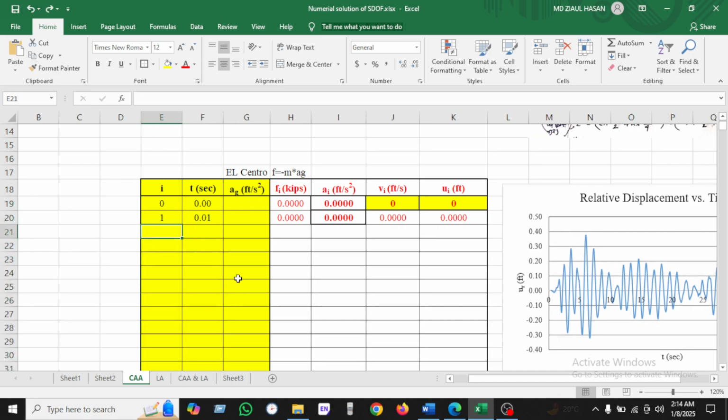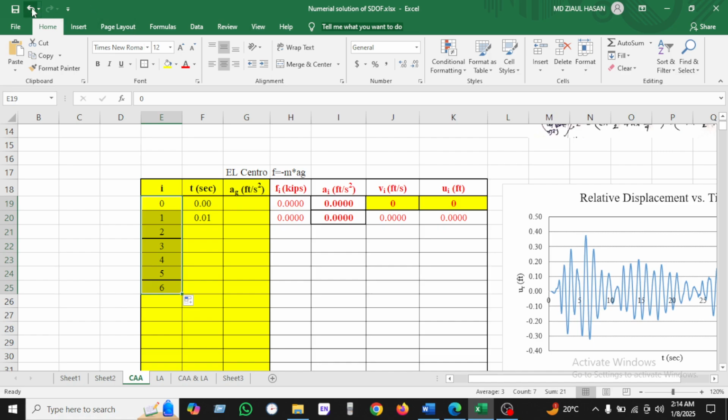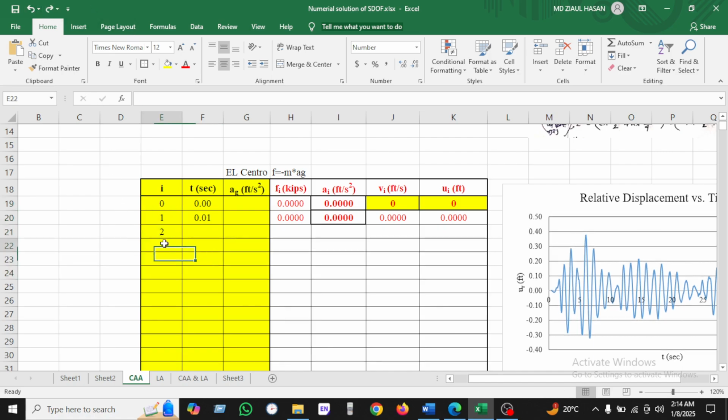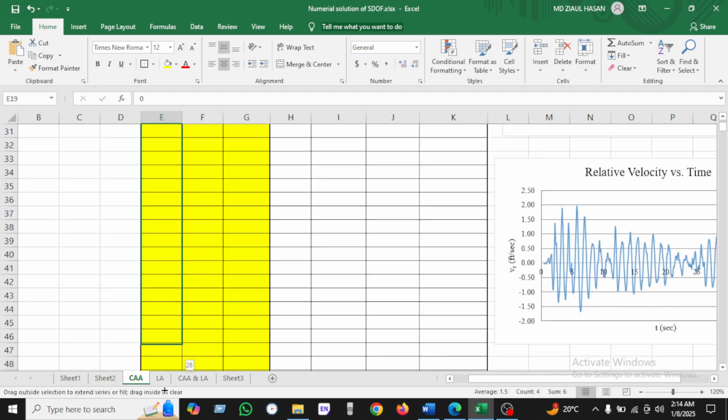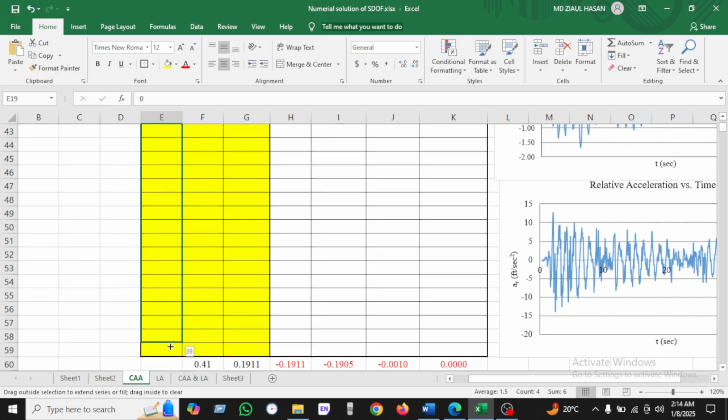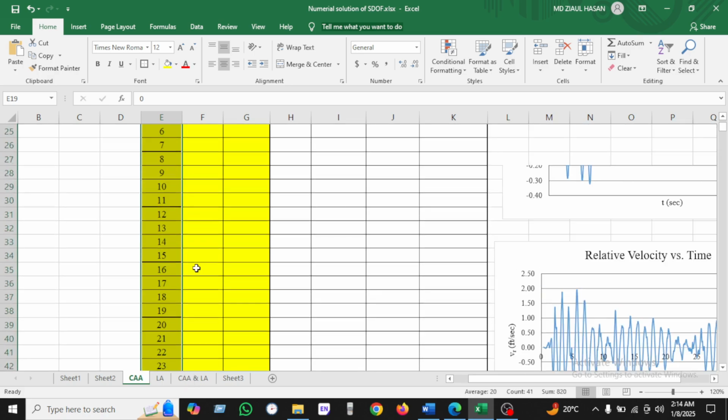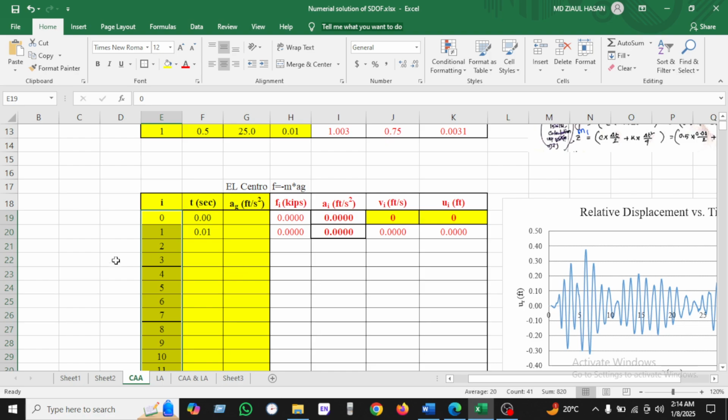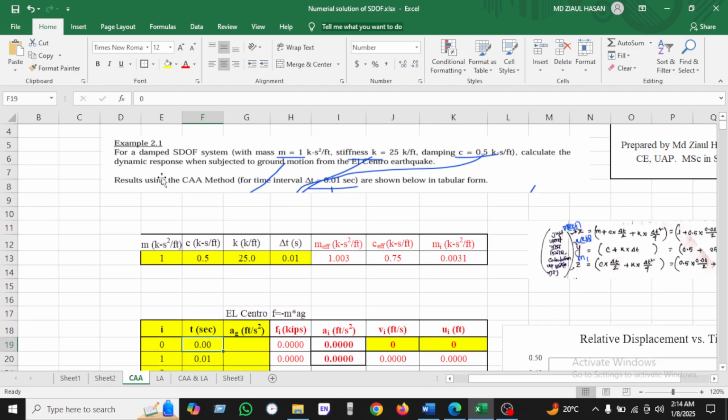If we double click, it is not showing here. Okay, we can see 40 steps. Then we calculate the time interval.